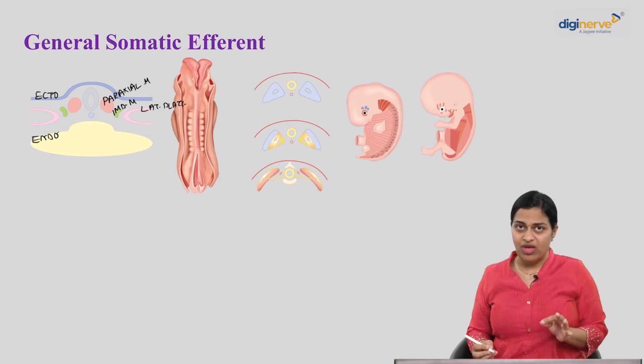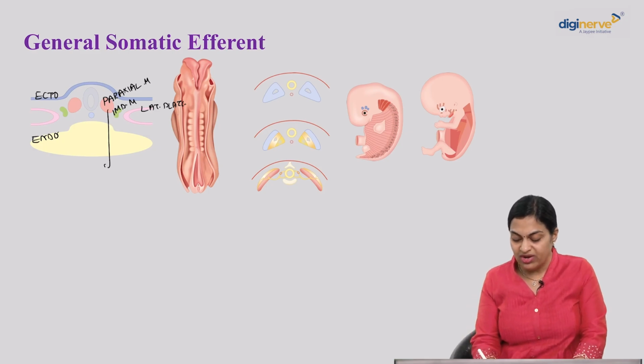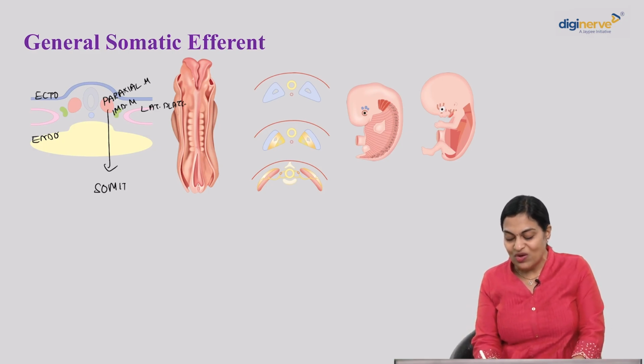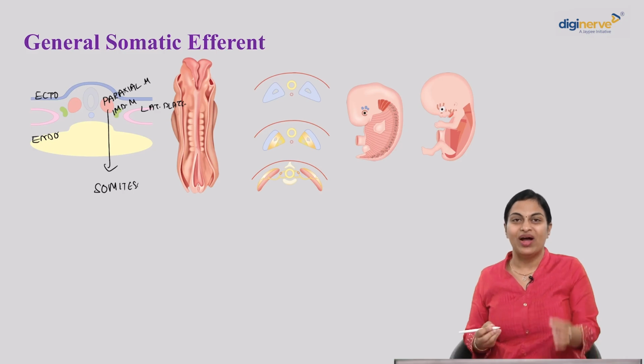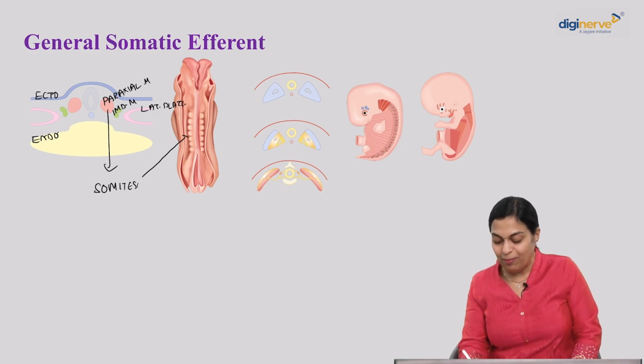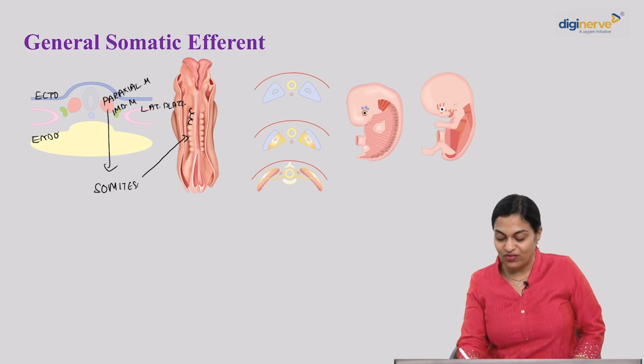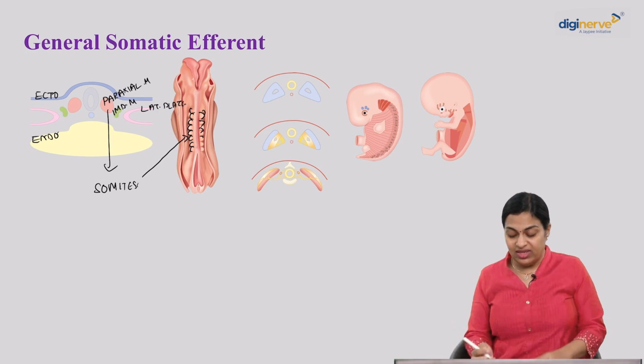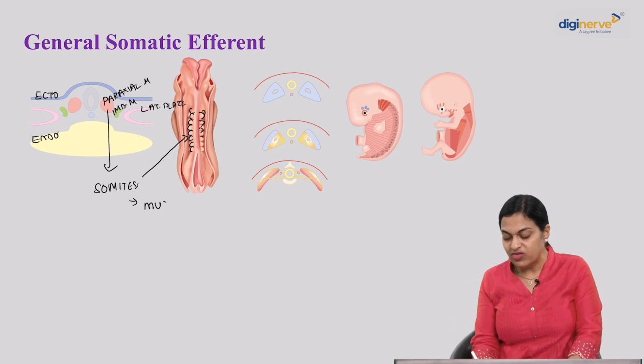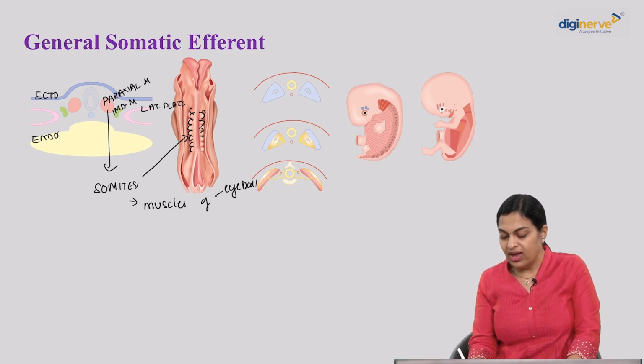This paraxial mesoderm is going to give rise to the somites. Somites are easy to identify in the embryo. They appear as cubical segments, can you see, on either side of the midline. So these somites in the region of the head and neck, they give rise to muscles of eyeball and muscles of tongue.